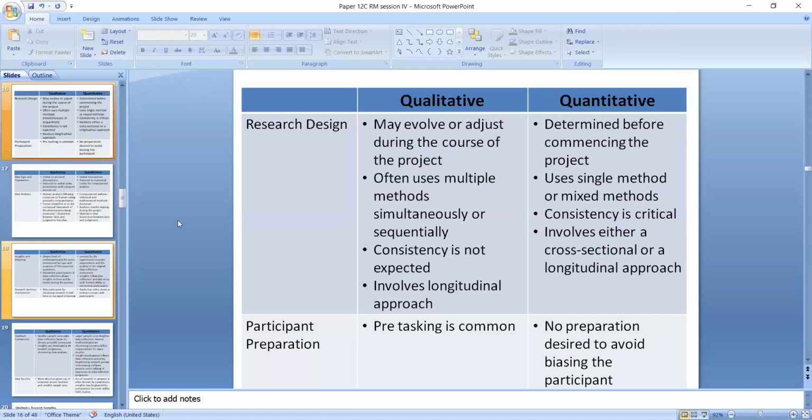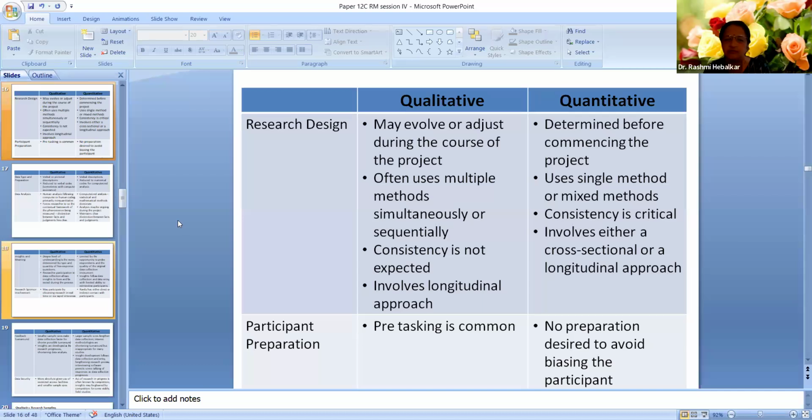Here also, ma'am, consistency. In a qualitative design, you use the observation method and interview method. So you have designed five questions, suppose, for an interview. It is not mandatory that you ask all these five questions the same way, in the same tone or same content every time.